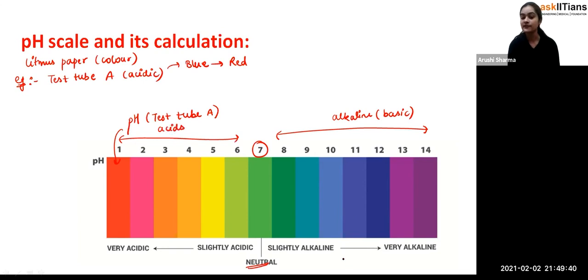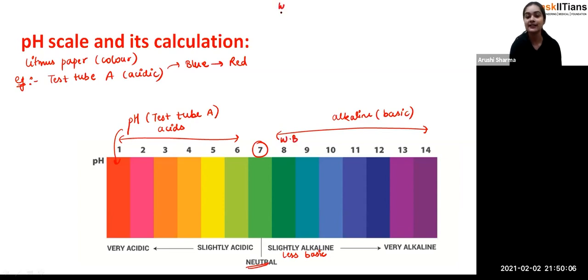Now if you observe here, it is slightly alkaline. Whenever the pH of any base solution is 8, it is a weak base, because slightly alkaline means less basic.